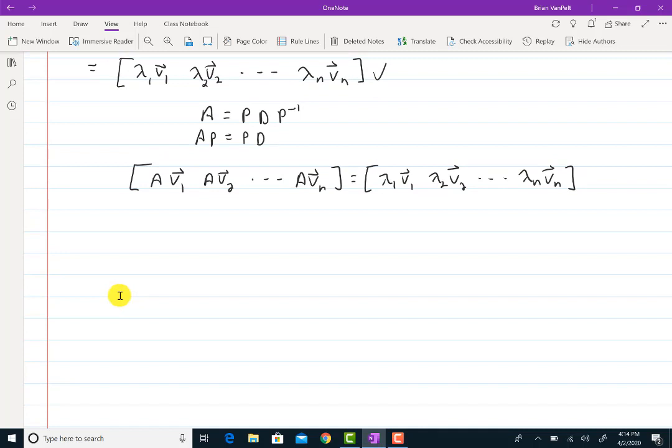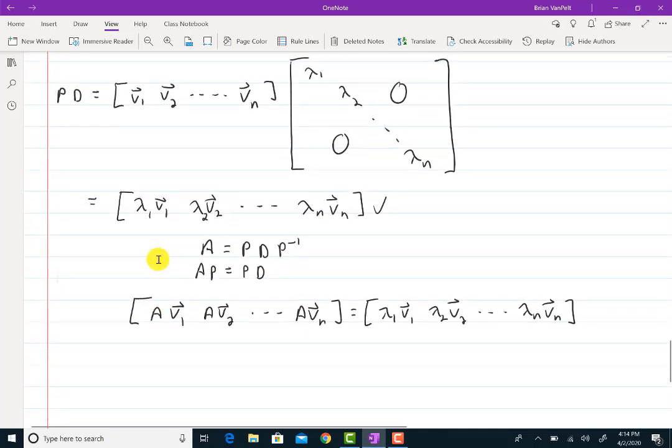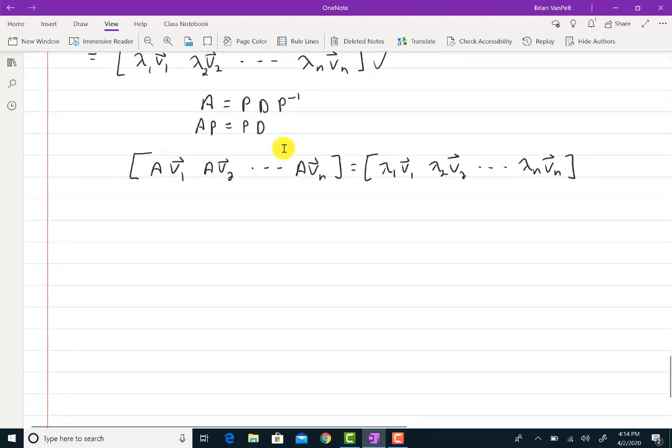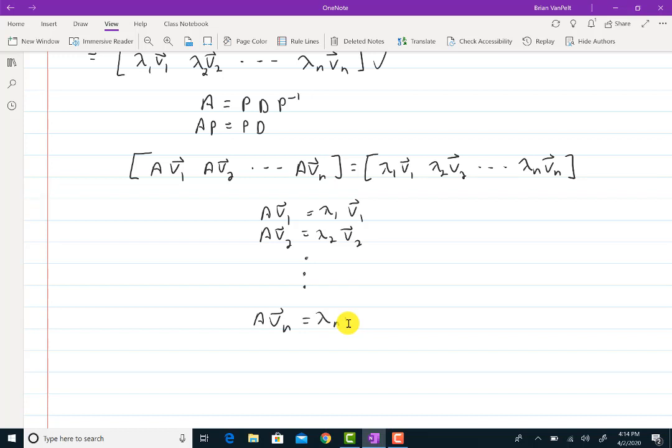Now, come back here for just a second before I go further. These vectors here were vectors that made up the matrix P. P is invertible, so that means none of these vectors are zero. So they could be eigenvectors if we want. From this equation here, we can match columns with columns. So I get A v1 will equal lambda 1 v1, A v2 will equal lambda 2 v2, etc., A vn will equal lambda n vn.